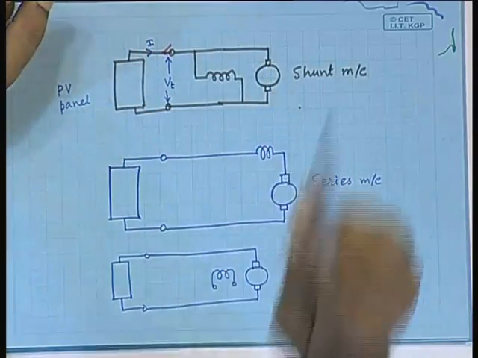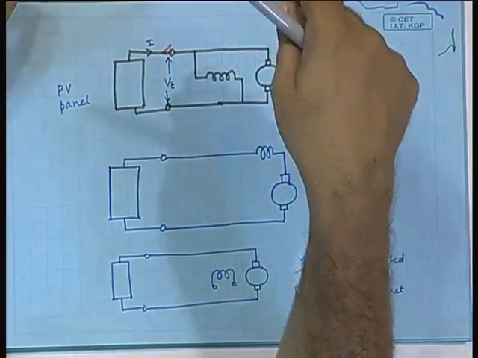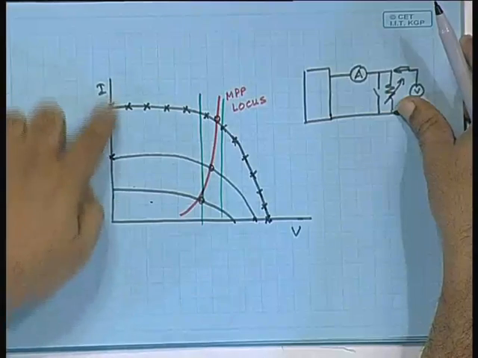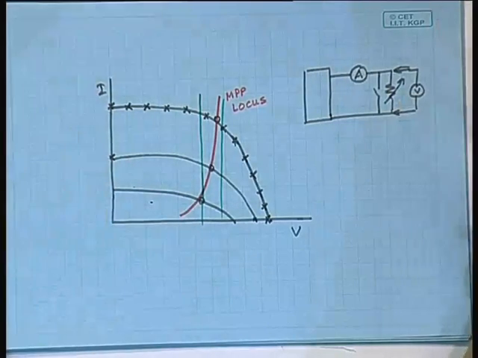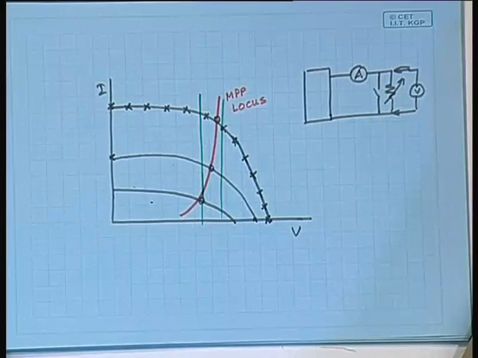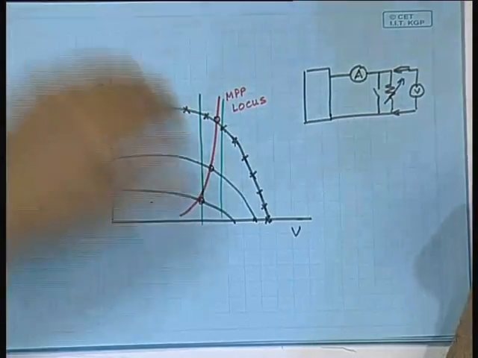So, in your lab experiment you remember that you connected a series resistance, but in case of photovoltaic cell it is a current source and therefore, it cannot give just any amount of current. The maximum current is the photocurrent and therefore, you do not really need to connect any series resistance there, because it is automatically protected. Automatically protected because this current, the short circuit current, is the maximum current that is possible. So, it never exceeds that and therefore, there is an inherent protection.